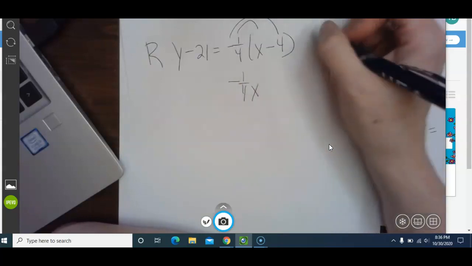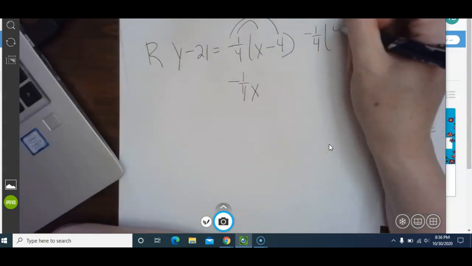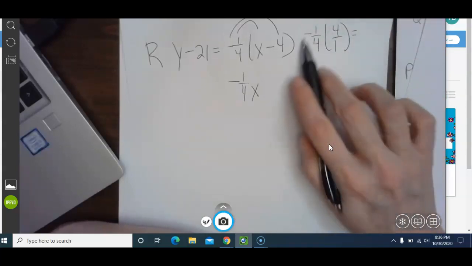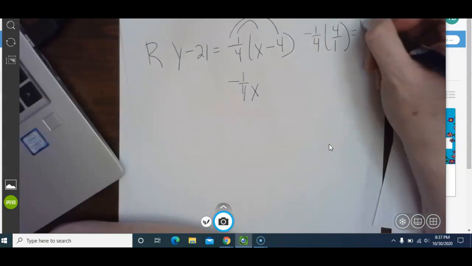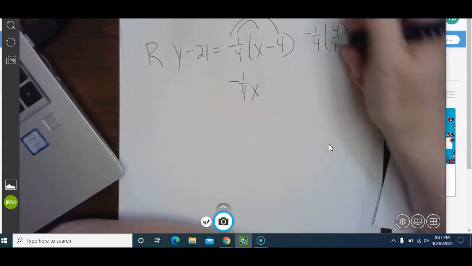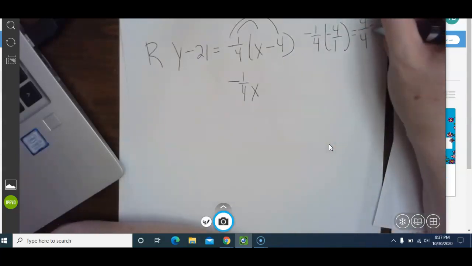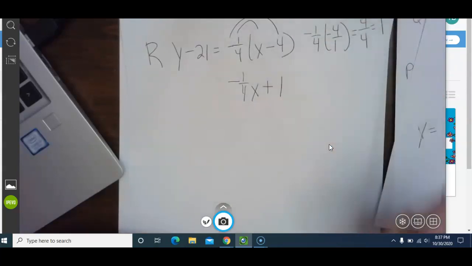This one becomes negative 1/4 times 4/1. When you multiply that, you're going to get 4/4, but because they're both negative, you get a positive 4/4, which gives you a positive 1. So you end up with positive 1.